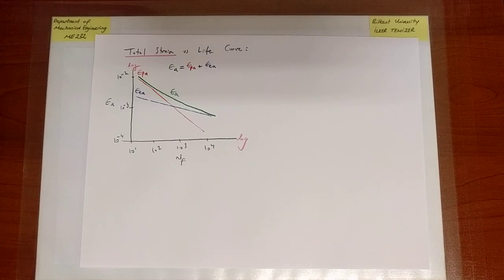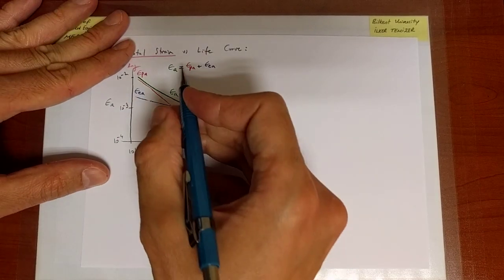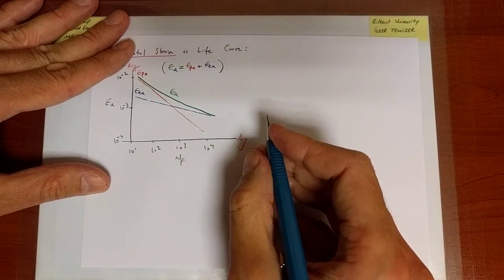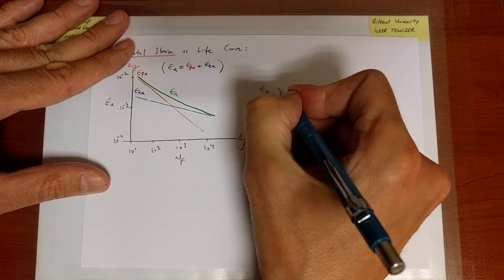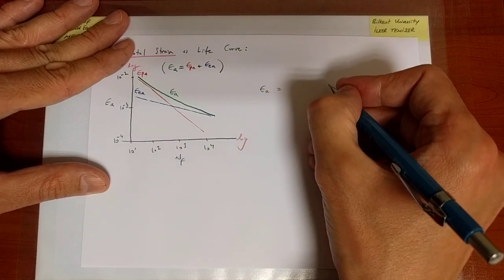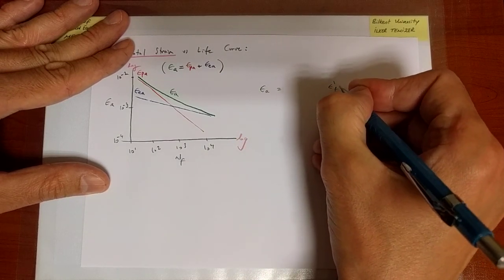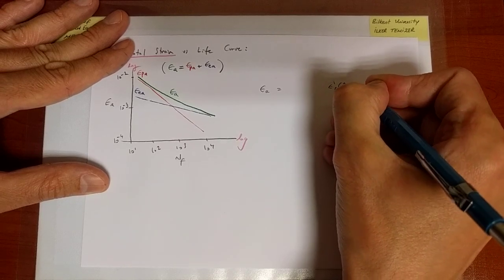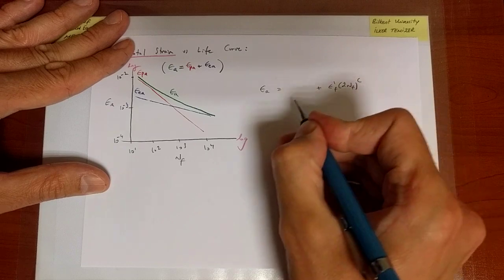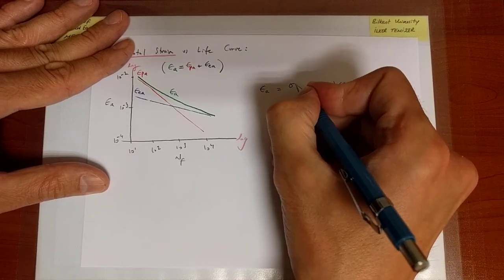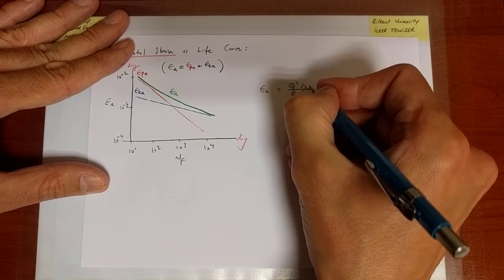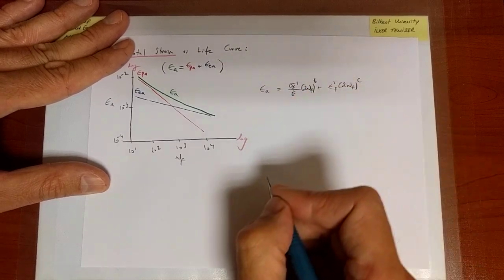On the other hand, I know that individually I had lines, and now I can make use of this equality and simply write, well, the total strain has a plastic contribution, which we called epsilon prime f (2Nf) to the power c. So this part is the plastic strain plus the elastic contribution, sigma f prime over E (2Nf) to the power b.